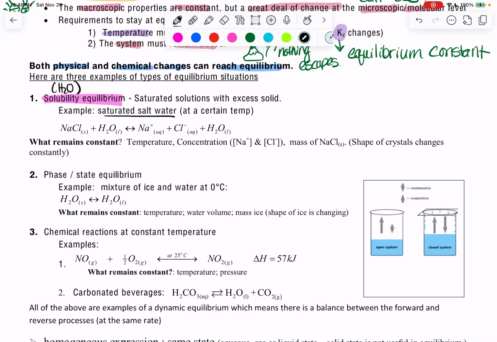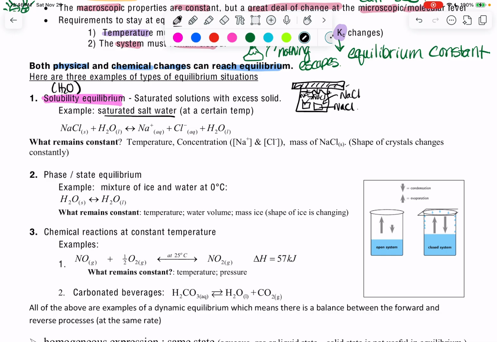So here I have a beaker with water. I'm going to put a lid on it to make it a closed system, and I'm going to draw cubes of salt. So these are NaCl. What is happening is it's releasing sodium and chloride ions, while at the same time NaCl, the solid compound, is reforming.